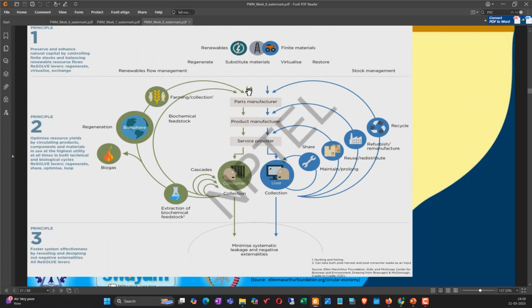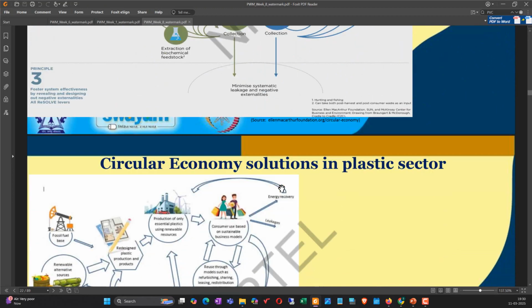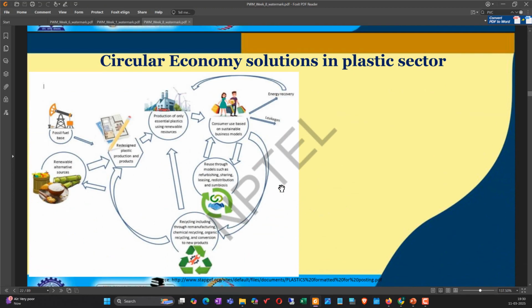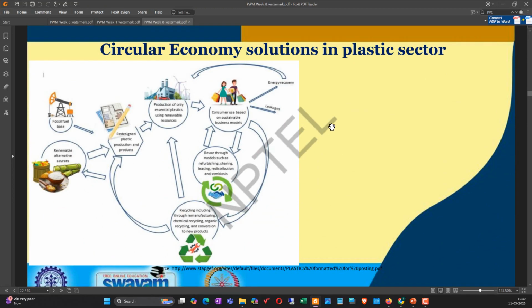So it is actually considering the environment as well as energy, society, and the economy. So all three, four aspects have been considered here. Circular economic solutions in the plastic sector: how will this solution come? Suppose fossil fuel is there. Using that, you have redesigned plastic production and products, right?